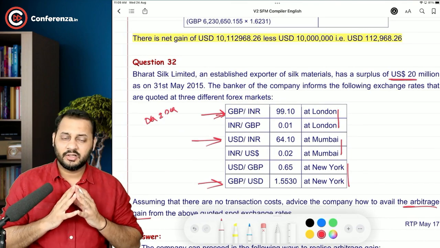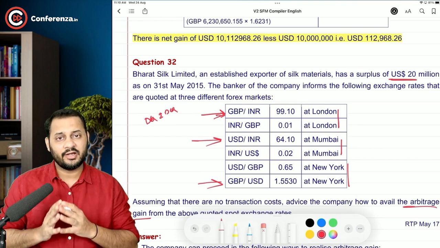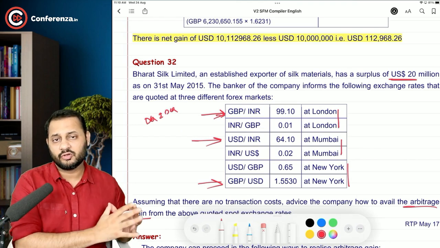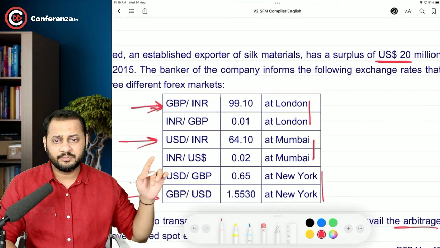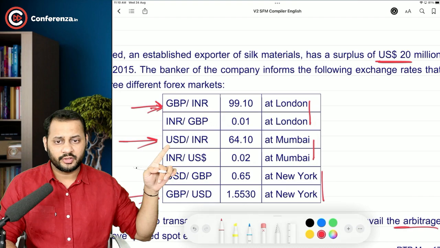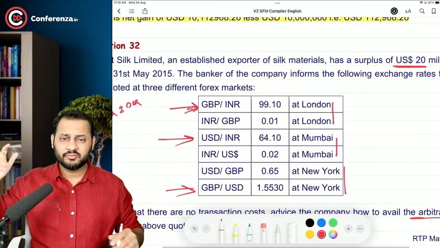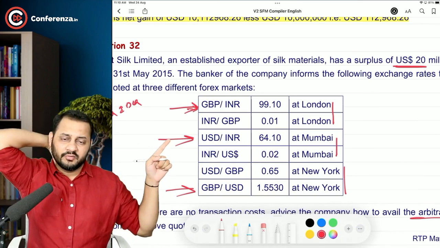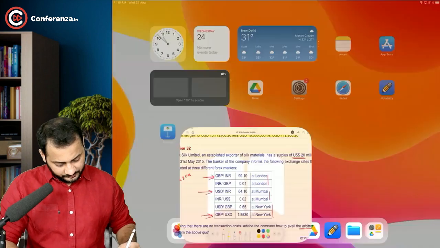I can keep any quote out of these three as it is, and then try to find out the same from the cross market. Since we have the dollar, we can keep this quote as it is. Am I right? We might be from India, so we will keep USD INR and try to find out USD INR from the other two markets. Have a look.